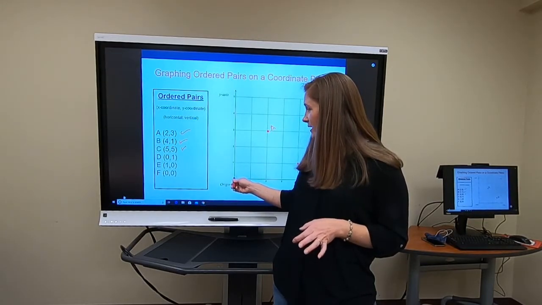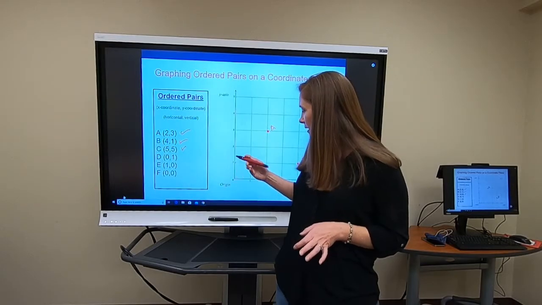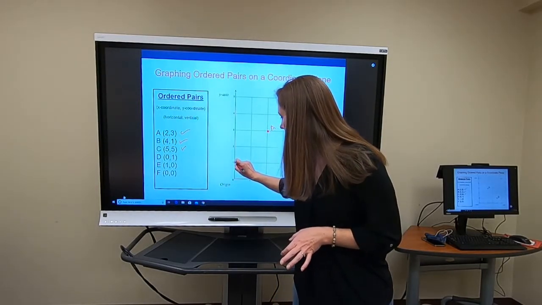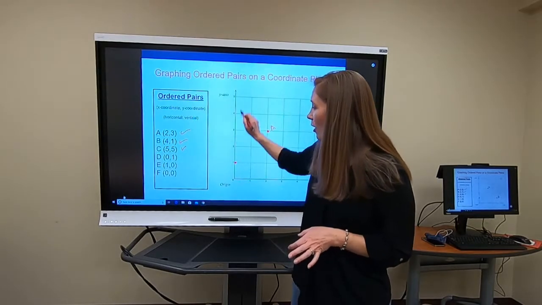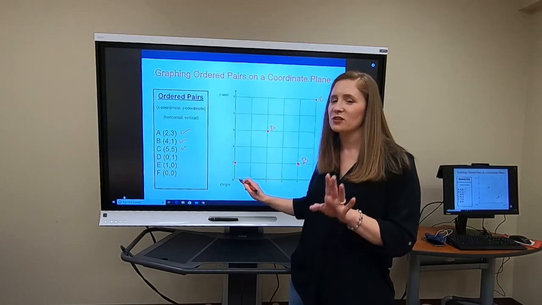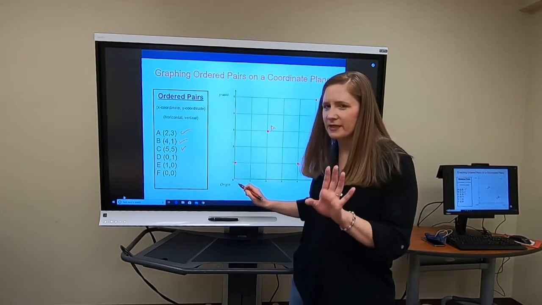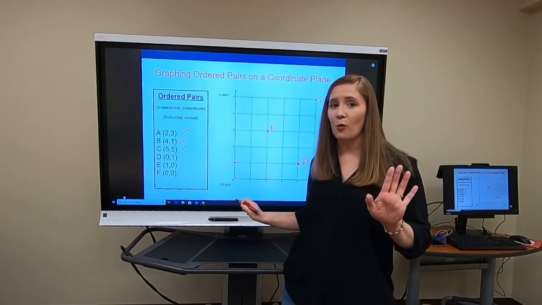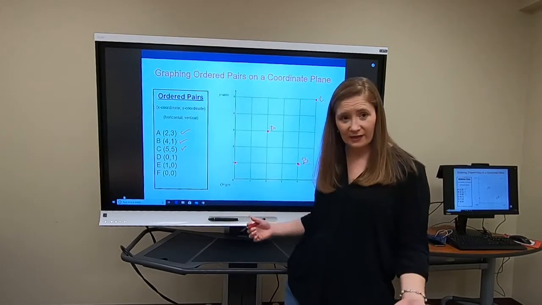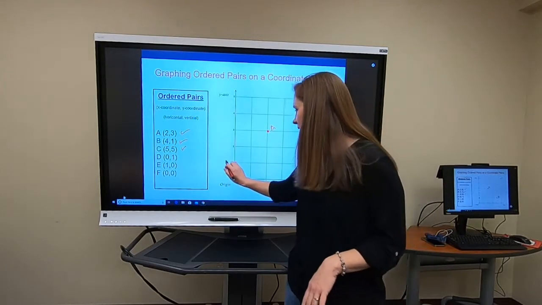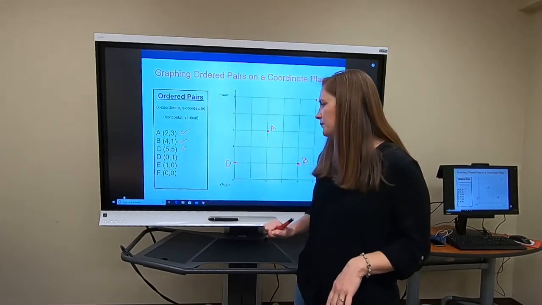Then it says vertically up 1, and I put my point on the axis, which throws us sometimes. We're hesitant about whether something should be on the axis. That is correct, and so that is point D.